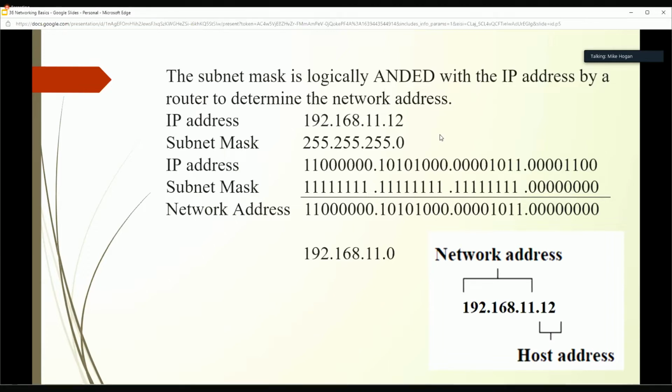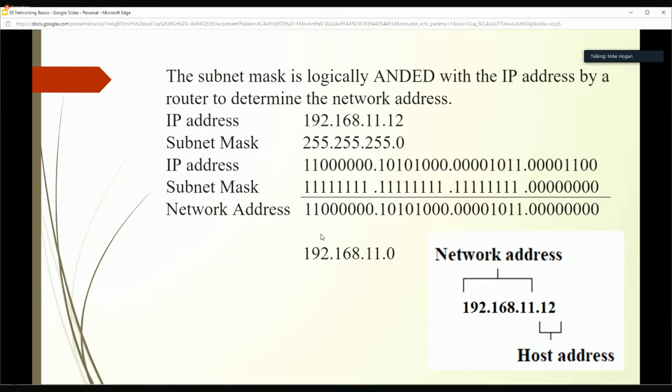Sometimes they like to ask how many host addresses you could have on this particular network. Well, you can do the math in terms of 2 to the 8th power, and then we also take out 2 addresses. One is 192.168.11.0. We're not going to assign this .0 to a host, because this is our major network address.